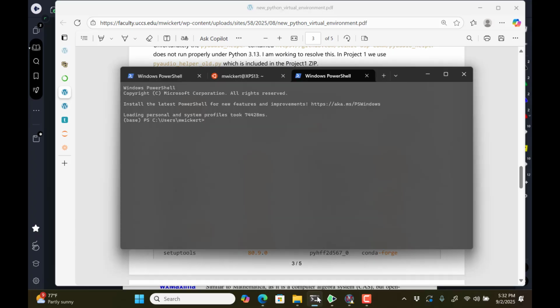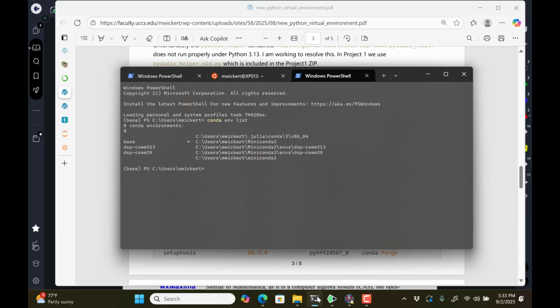Okay, so now we got into PowerShell, and what we've got going on here is it says base system, so I can go conda env list, and it's going to list all my environments that I have installed here.